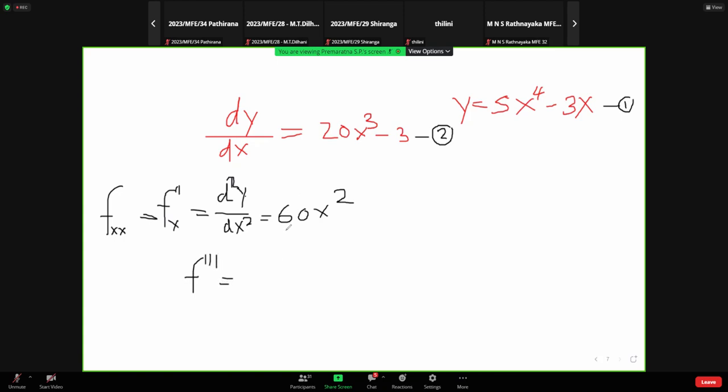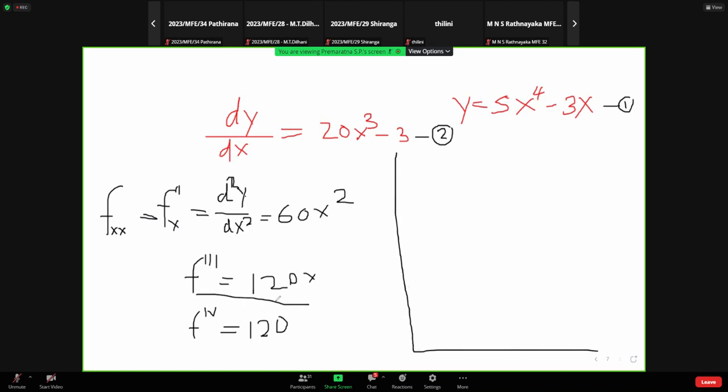So it becomes 2 times 60, 120x. You can do further differentiation, and the fourth time also you can go up to that, which means 120 is the answer.